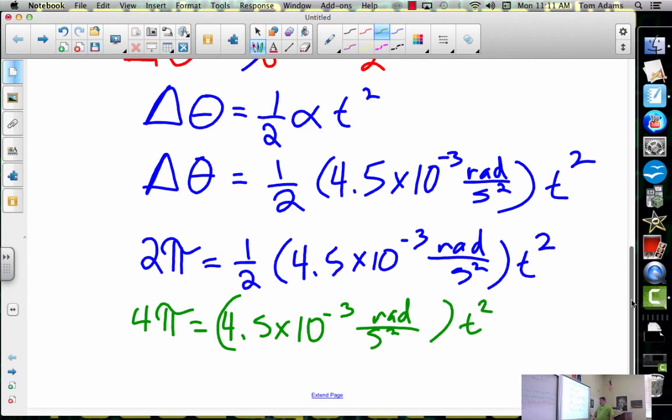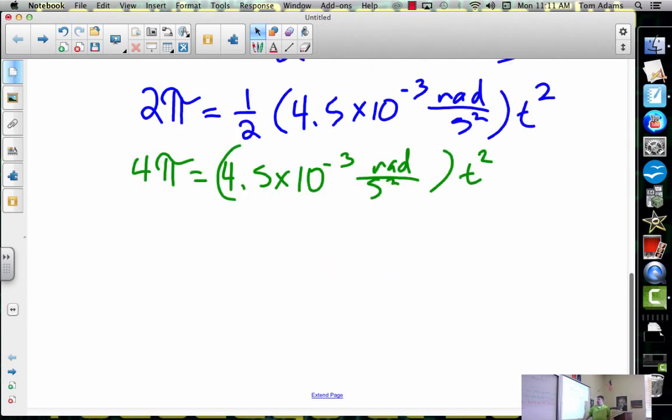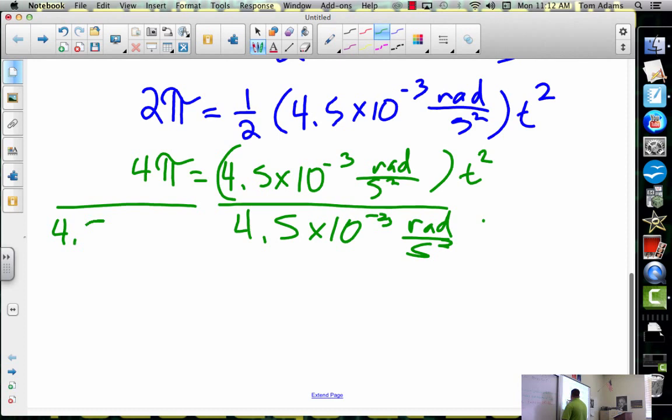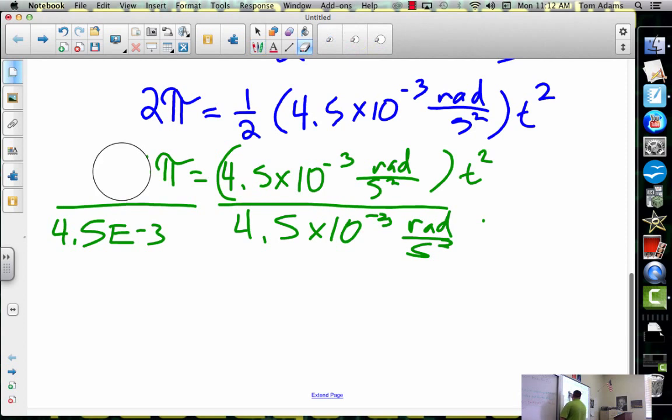What's the next thing I need to do, guys? Divide by this stuff, right? 4.5 times 10 to the negative 3 radians per second squared, and whatever I do on that side, I got to do here too. Now on your calculator, you could do it like this. Now with the radians, isn't this in radians?